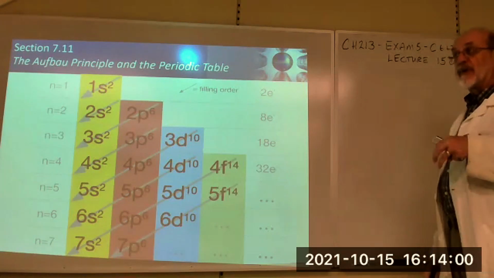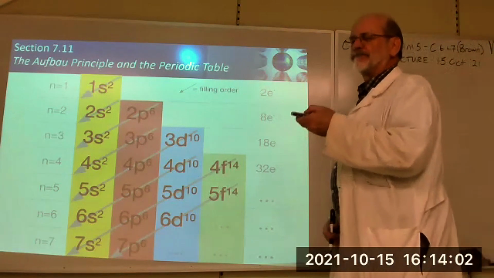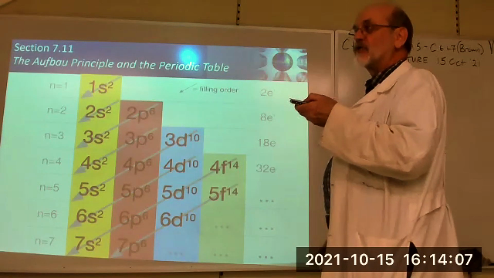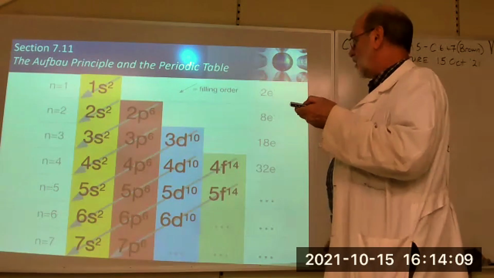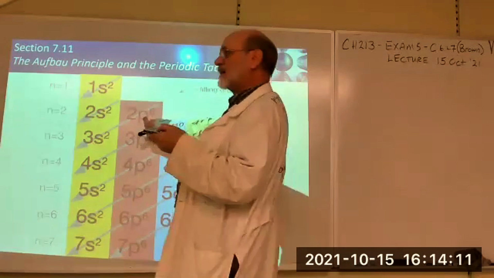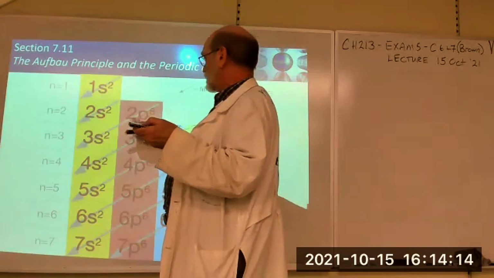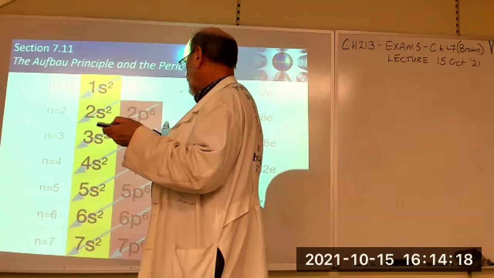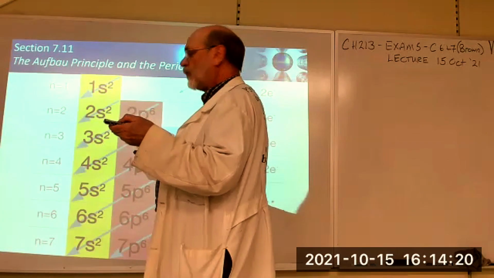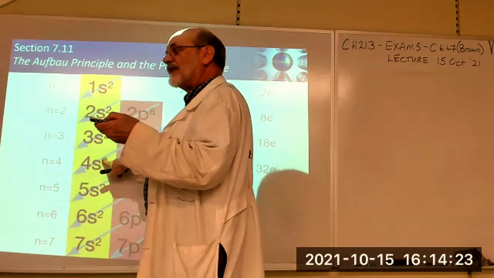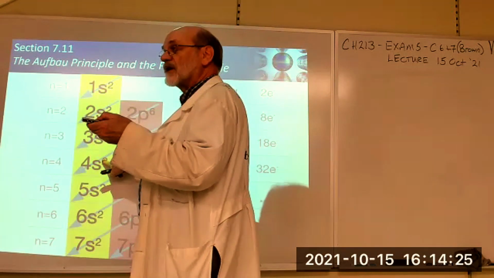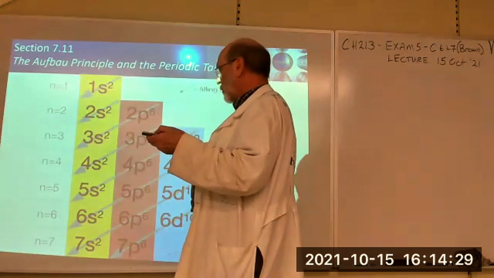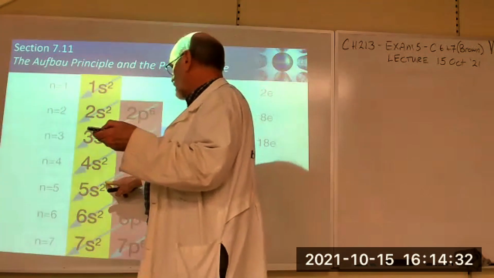Now, what does that look like on the periodic table? Well, this 2s is followed by 2p. Then you go to 3s and across to 3p. Then you go to 4s. And then when you get into the transition metals, you go to 3d. And then you get to 4p. And then you go back over here to 5s.